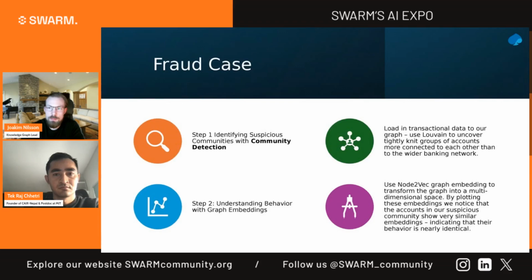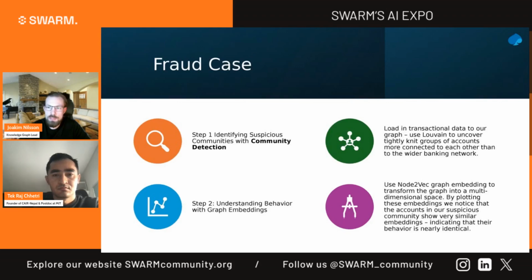And as an example, here we can have an investigation that begins with an alert that signals unusual transactions across several bank accounts. To dig deeper, we can then load the transactional data into our graph, where nodes represent accounts and edges represent transactions between the accounts. Using, for example, Louvain community detection algorithms, we can uncover several tightly knit groups of accounts that are more connected to each other than to the wider banking network.